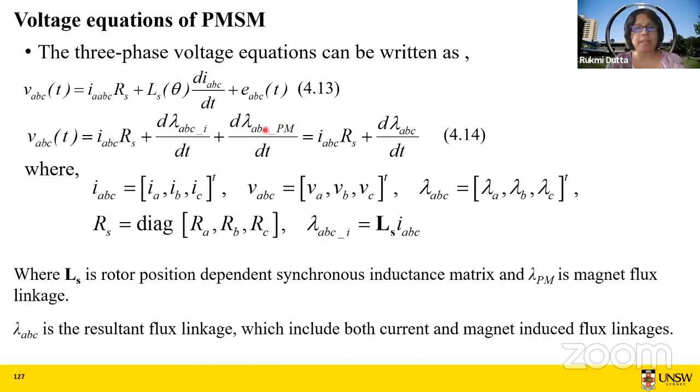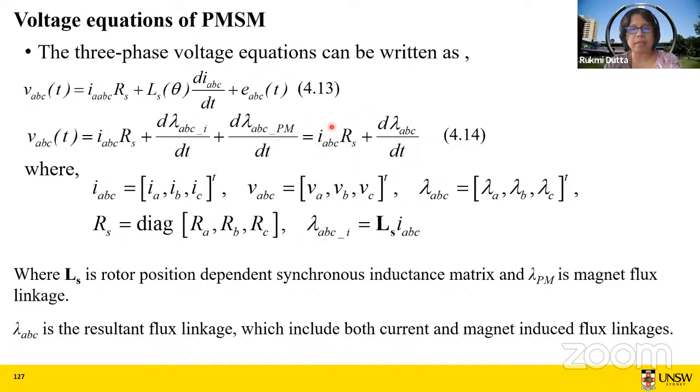This, of course, we can combine back into the two flux linkages, the current induced and the PM induced flux linkage, and that is referred to here as lambda ABC. So note that lambda ABC I means current induced flux linkage, but lambda ABC means it includes both the current and the PM induced flux linkage.